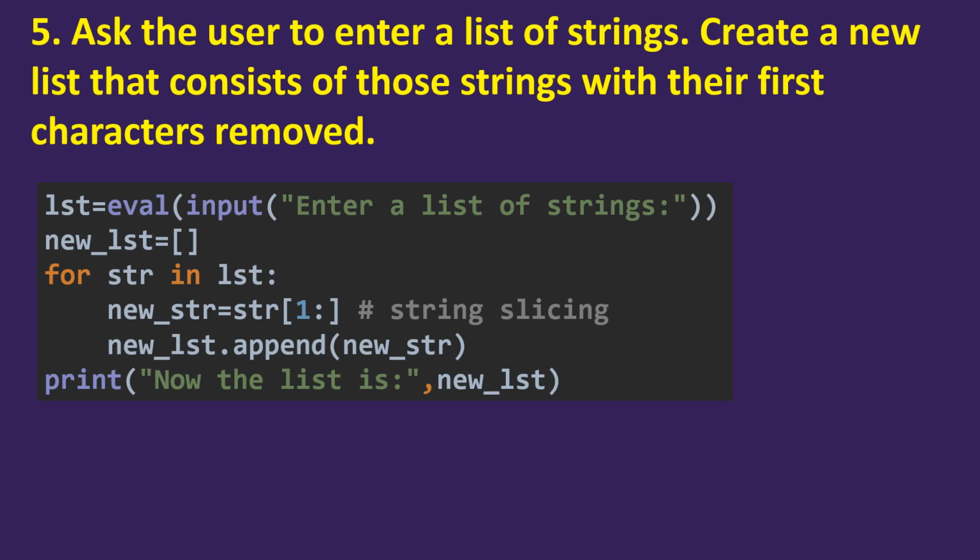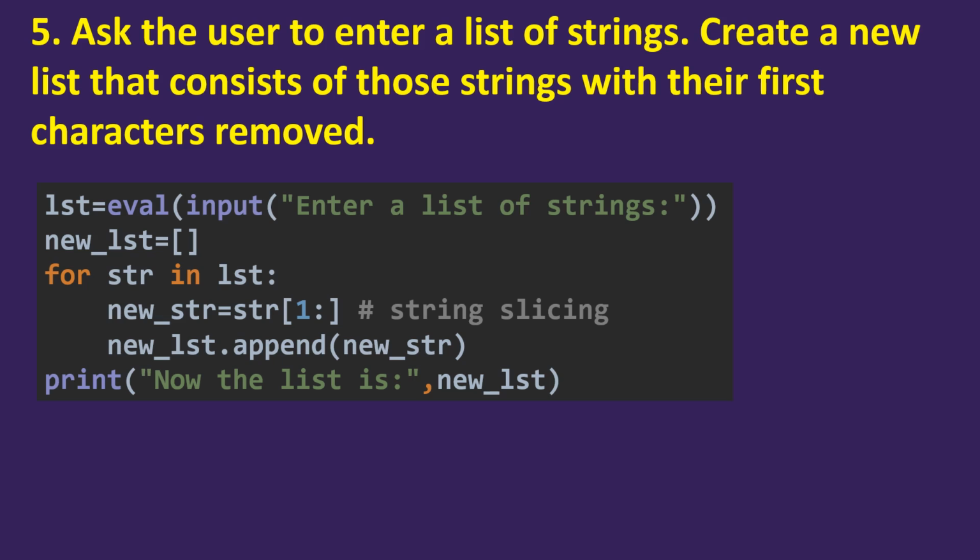Now we'll iterate through all the strings present in the list lst. So for str in lst, we will find out the new string and store it in a variable new_str. Here this new string will have the first character removed from the original string. So new_str is equal to str[1:].